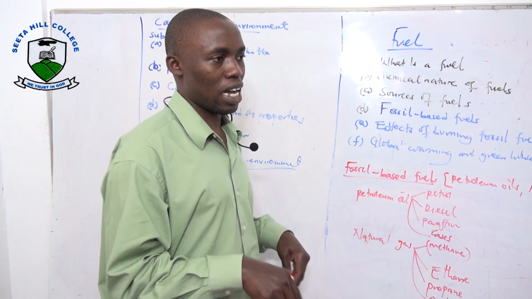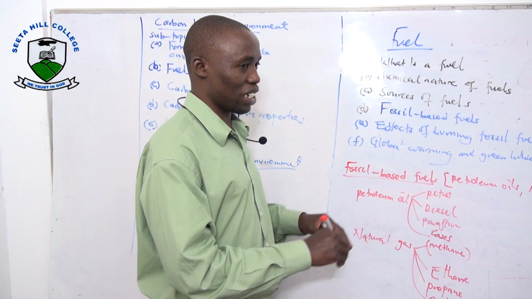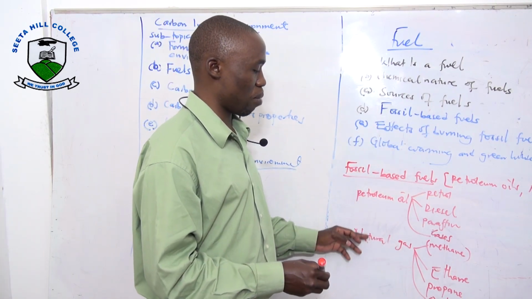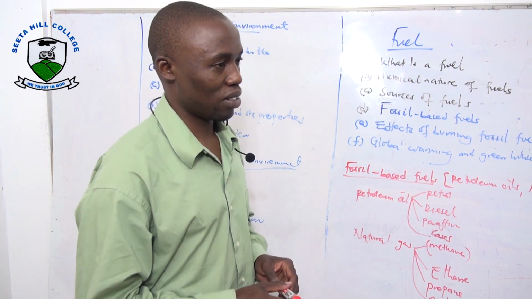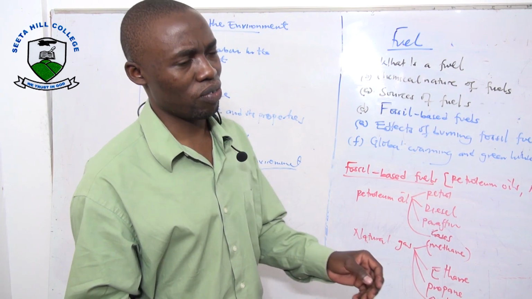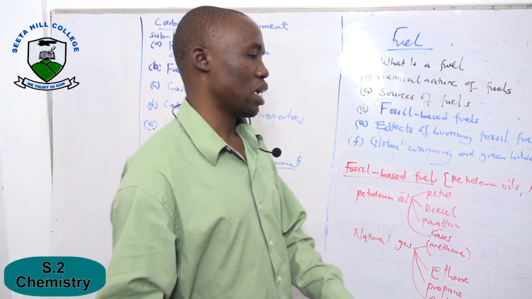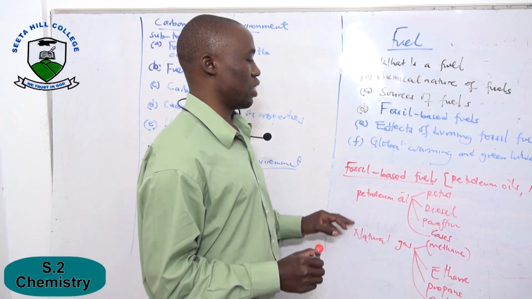That heat in the earth plus a lot of pressure converted those decaying materials into petroleum and natural gas. That is how the oil in Uganda was formed 300, 400 million years back.